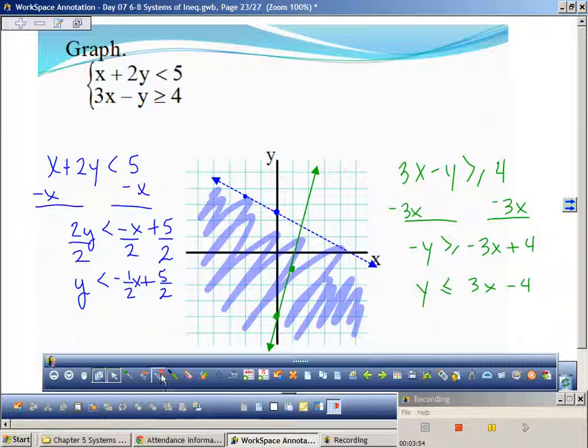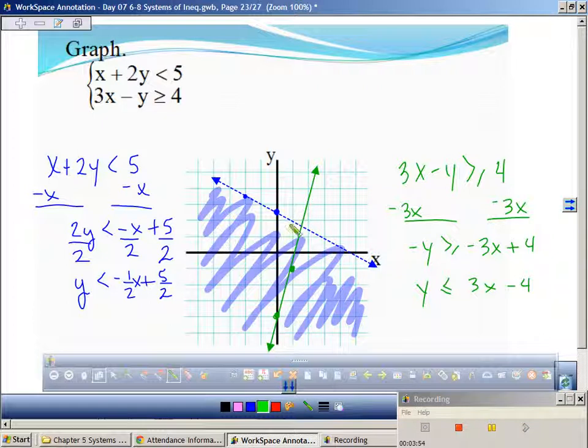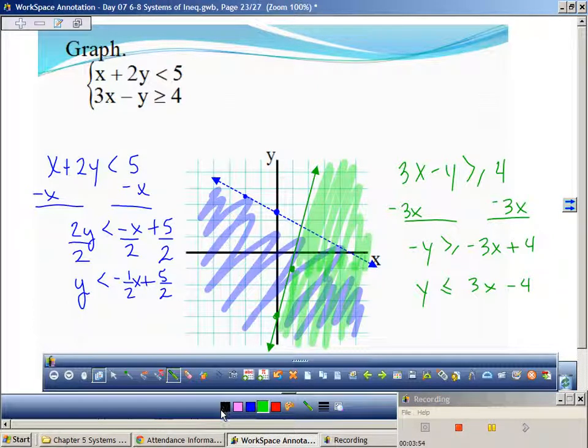So, am I going to shade above that line or below that line? Below. This one's the one that's kind of hard for some students. If I'm standing here, am I going to step up or step down? Down. Okay. Now I just have to shade where the two colors mix.